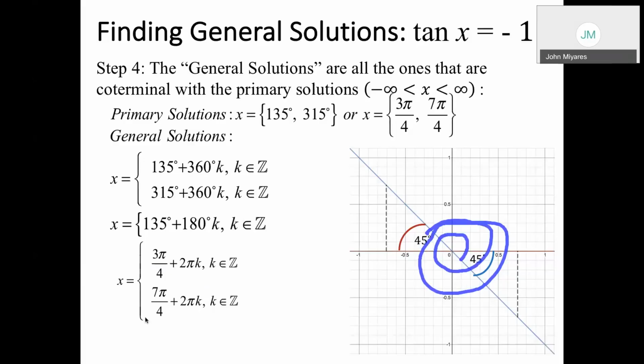Or in radians, we could say that the solutions include 3 pi over 4 radians plus pi k, where k is an integer. Both ways of writing out these solutions are correct. However, if WebAssign doesn't give you an option to list two solutions, it might be because it's asking you to consolidate these two solutions into one.